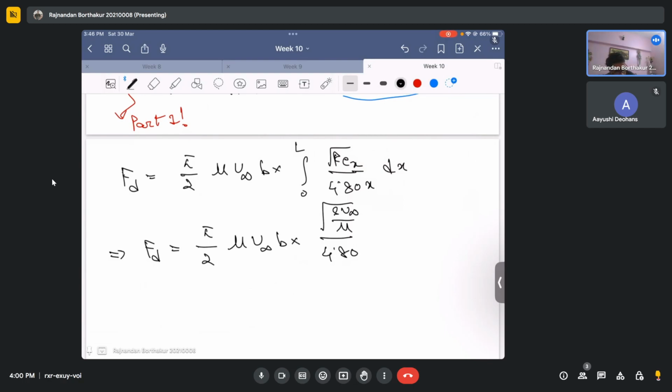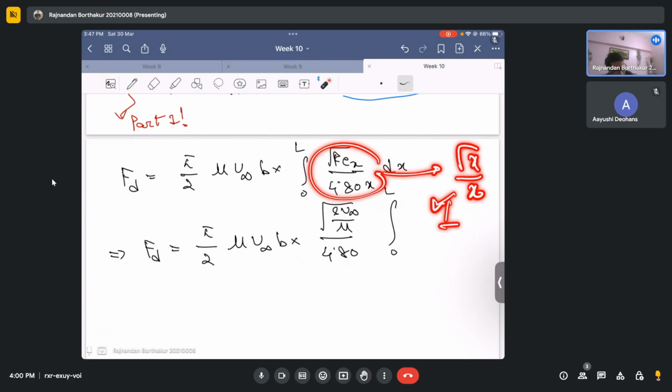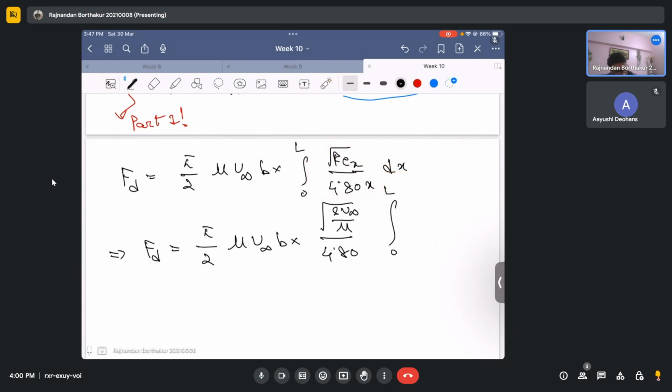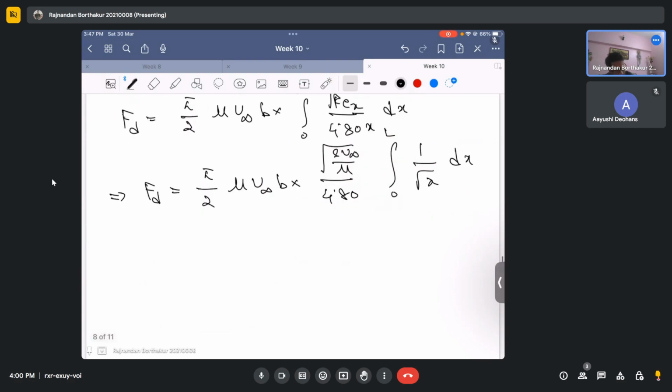All you are left with is square root of x by x, which reduces to 1 by root over x, so it is 1 by root over x times dx. I hope the math is clear. If you now calculate this, it is rather straightforward.